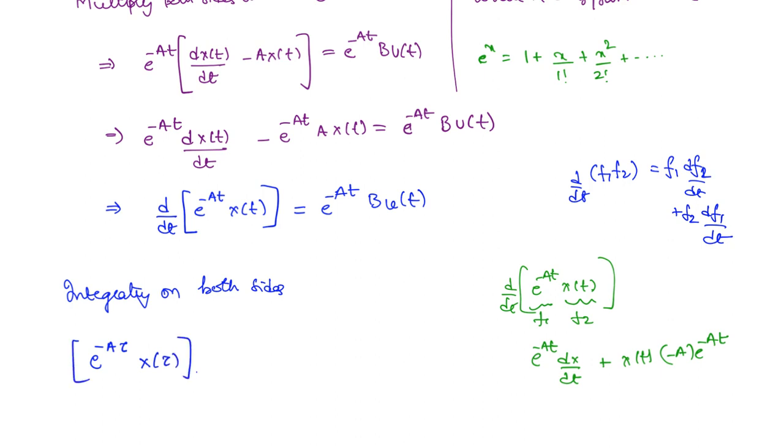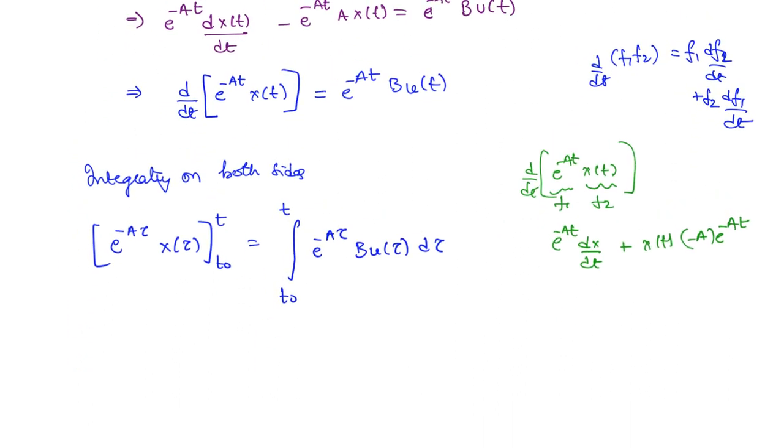This is from the limits t naught to t, and this is equal to integration again from t naught to t. Wherever t is there you can replace with tau. e to the power minus a tau b into u of tau d tau. You are differentiating with respect to tau from the limits t naught to t, so that the final expression that you are getting you will get in terms of t, the real time t.